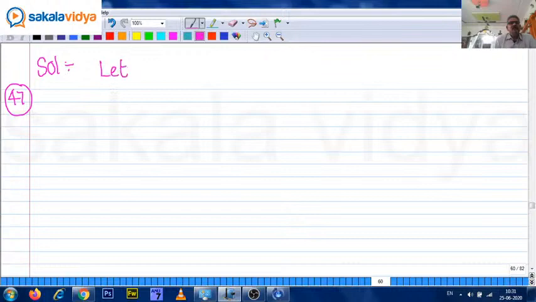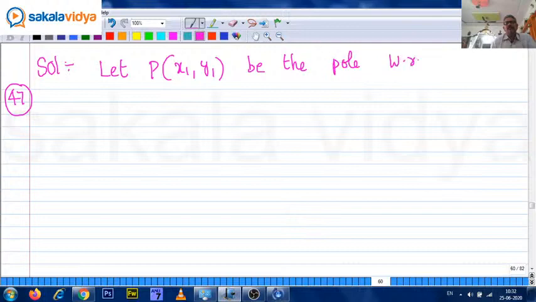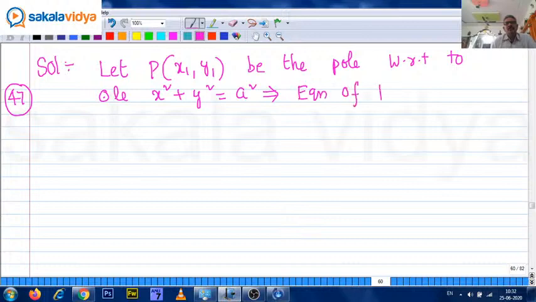Let P of x1 comma y1 be the pole with respect to the circle x square plus y square equal to a square. That implies the equation of the polar of P with respect to the circle is, in notation, S1 equal to 0.